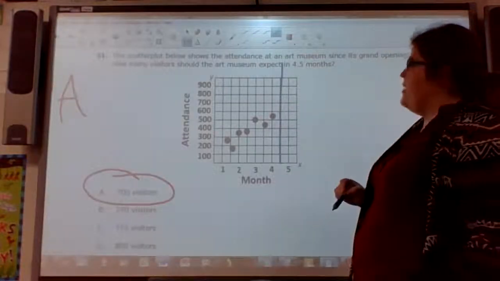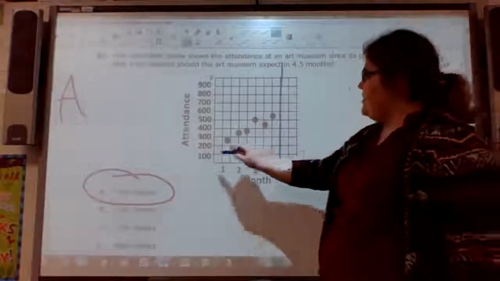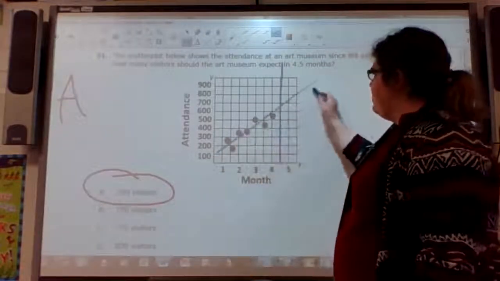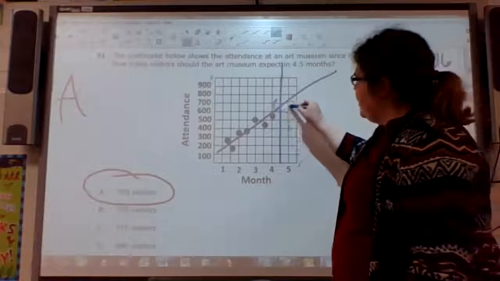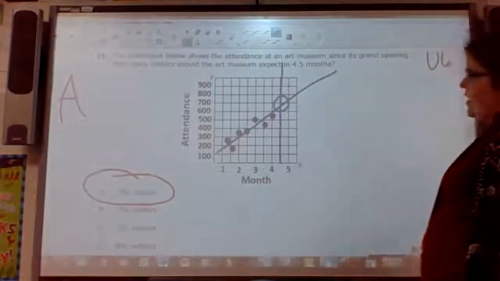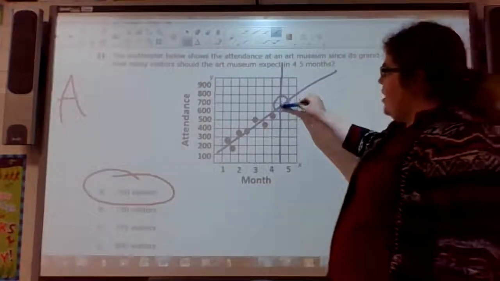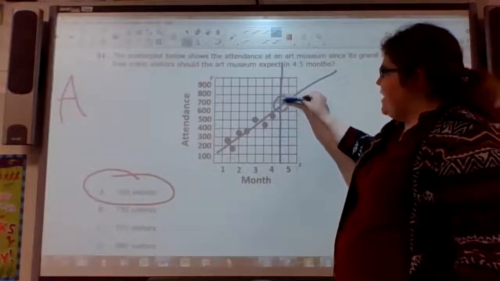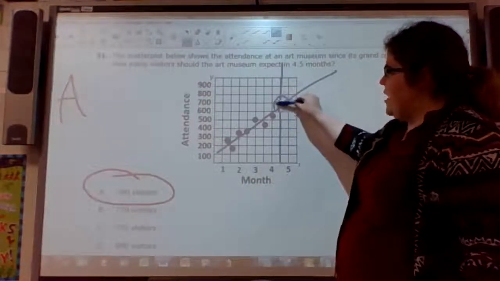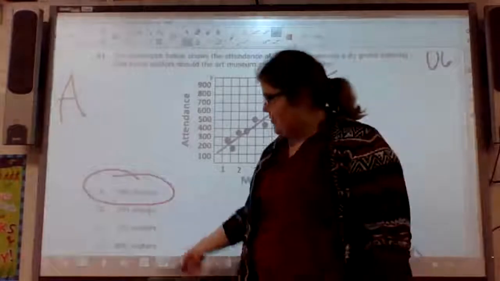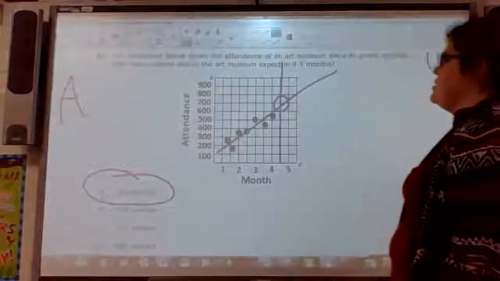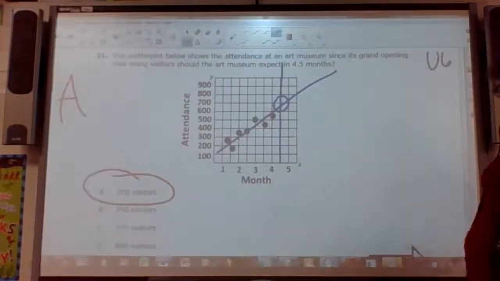I'm drawing my line up. I'm going to follow this pattern, and I know my answer is going to be somewhere around there. That is between about 650 and 700. So right around there, and I'm looking at 700 as my answer. You're predicting.